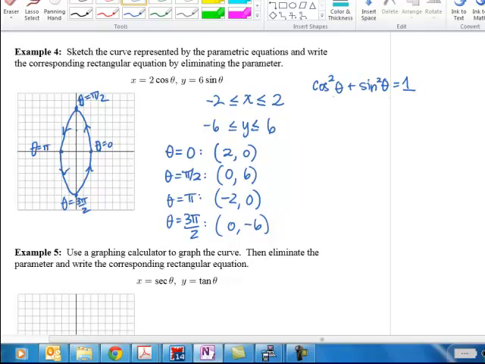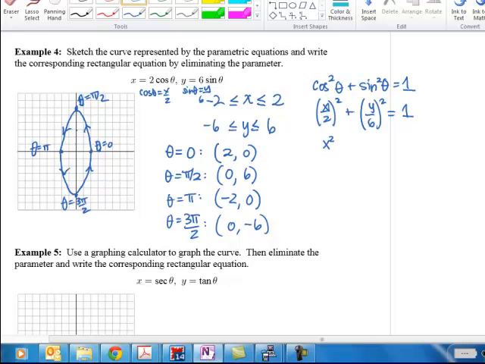Cos theta is, in this case, x over 2, and sine theta would be y over 6. So what I'm going to have here is x over 2 squared for cosine squared, and y over 6 squared for sine squared, and that's going to give me 1.